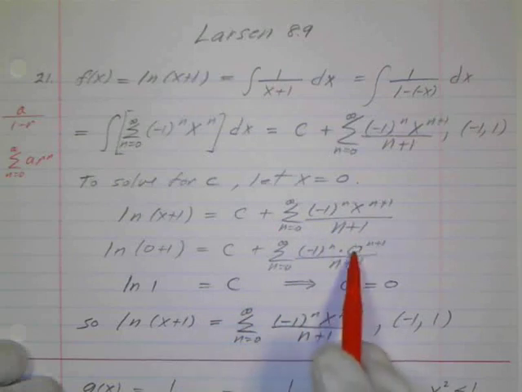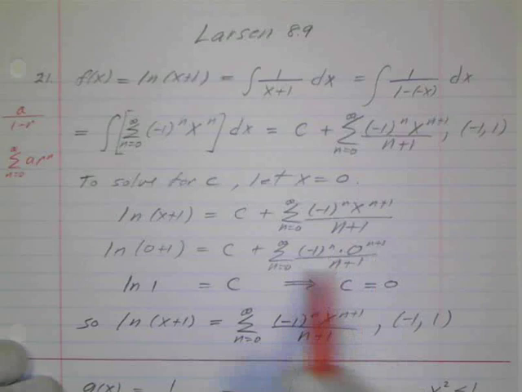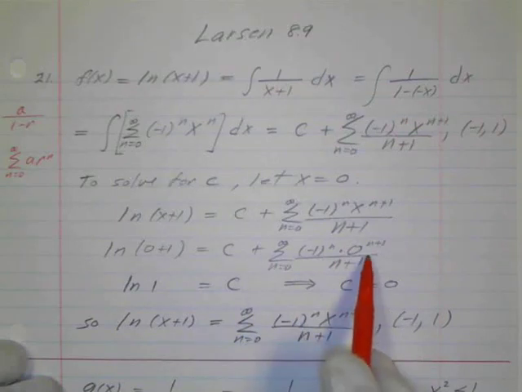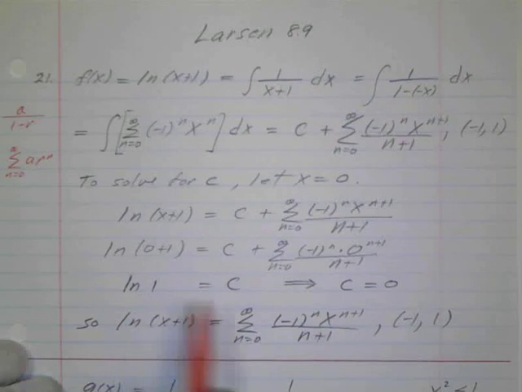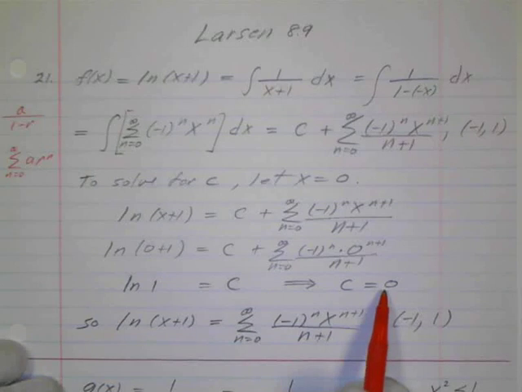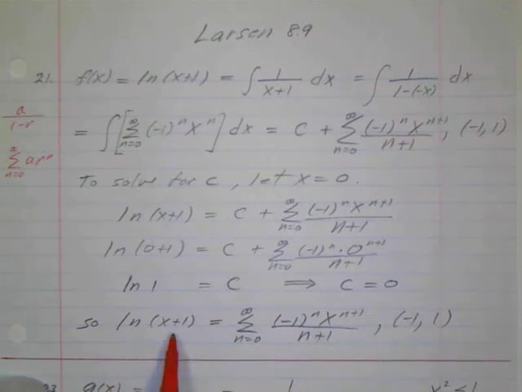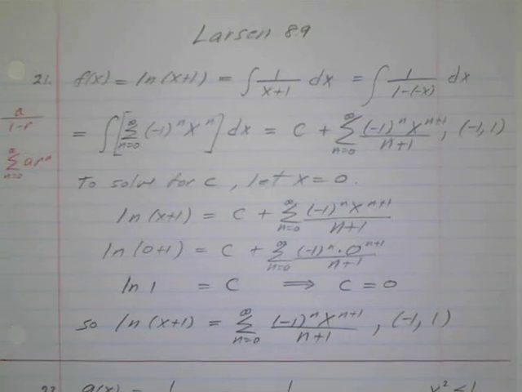Well, we have 0 on the top, so all these terms are going to be 0, so this is just going to be 0. And 0 plus 1 is 1, so I have the natural log of 1 equals c. But what's the natural log of 1? Well, the natural log of 1 is 0, so that implies that c equals 0. So therefore, we don't have to worry about the c, it zeroes out, so this is what we have: the natural log of x plus 1 equals this series. There's my interval of convergence. Okay?